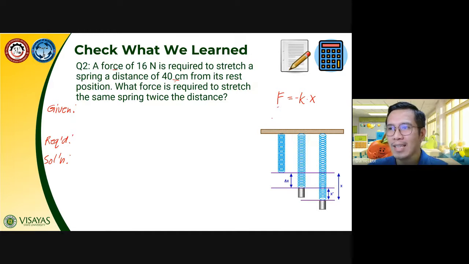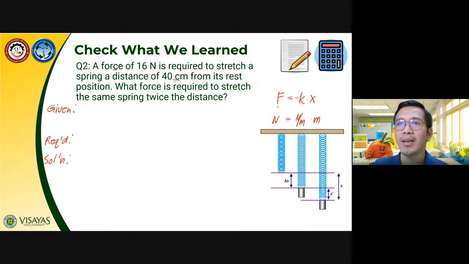So unit analysis: your force is in Newton, your spring constant is in Newton per meter, and your X or displacement is in meter. So from that alone, we know that our units are in place.